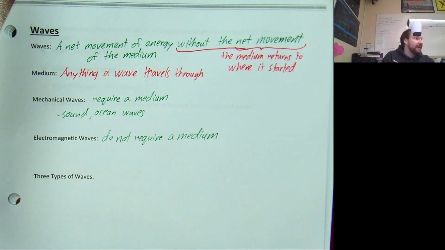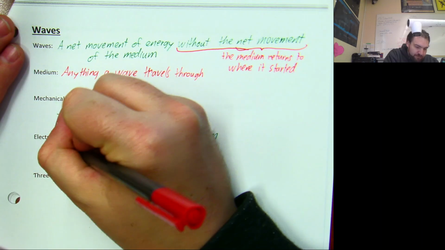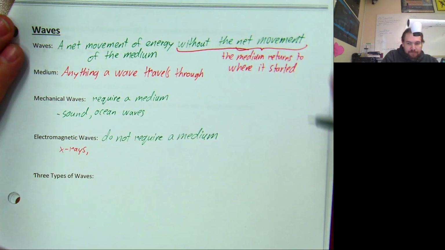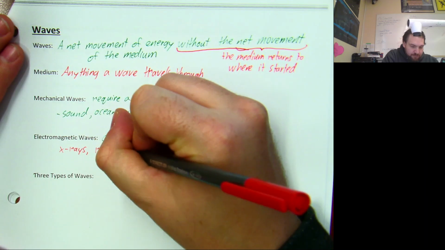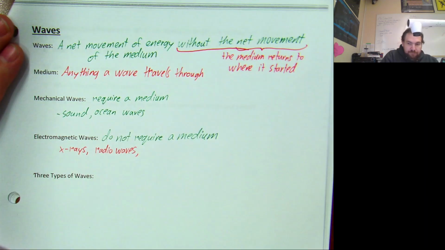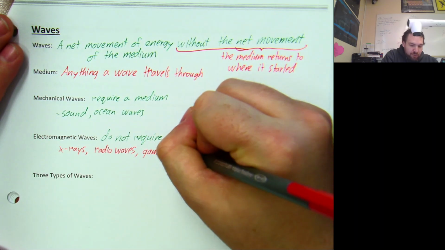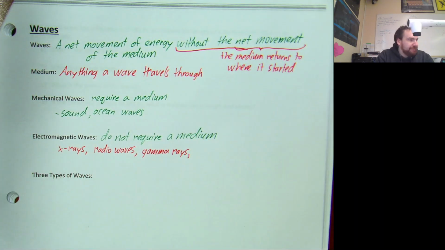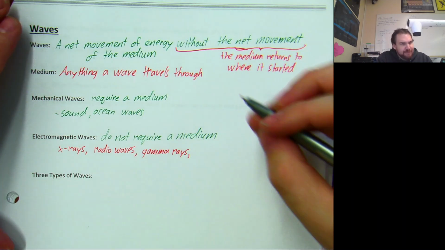Examples of electromagnetic waves: X-rays, radio waves, gamma rays, which could turn someone into the Hulk or wipe all life off a planet. The Sun, we'll call that visible light.